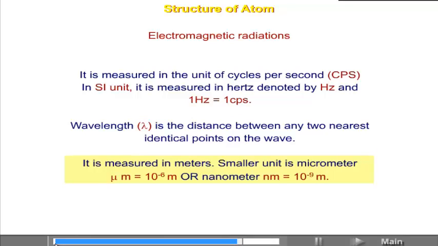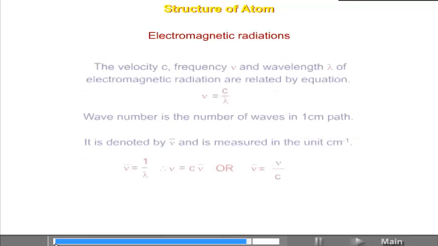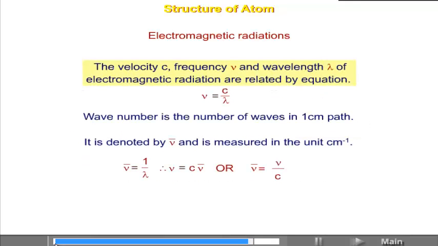Smaller units are the micrometer, where 1 μm is equal to 10 raised to minus 6 meter, or the nanometer, where 1 nm is equal to 10 raised to minus 9 meters. The velocity c, frequency nu, and wavelength lambda of electromagnetic radiation are related by the equation nu is equal to c upon lambda.